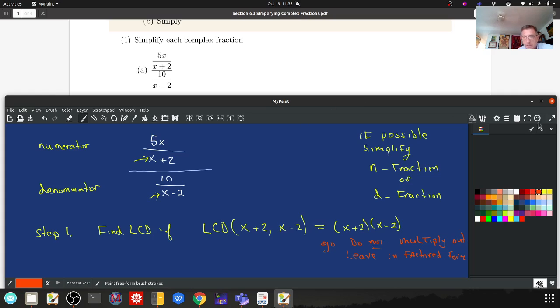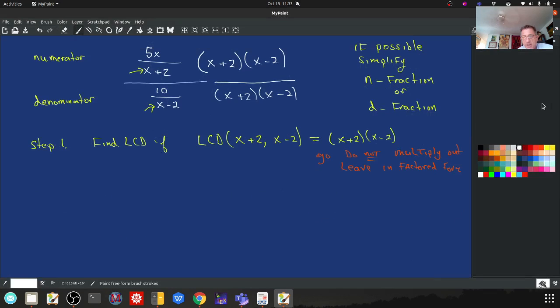So now what we're going to do is, this is my LCD right here, and I'm going to multiply by 1. I can't change the value of this expression, so I multiply by x plus 2 times x minus 2 divided by x plus 2 times x minus 2.